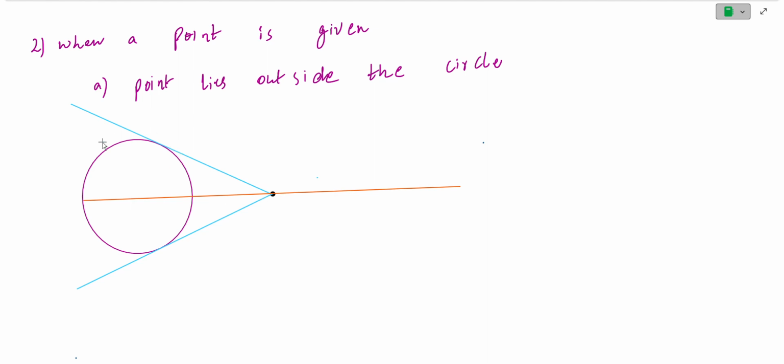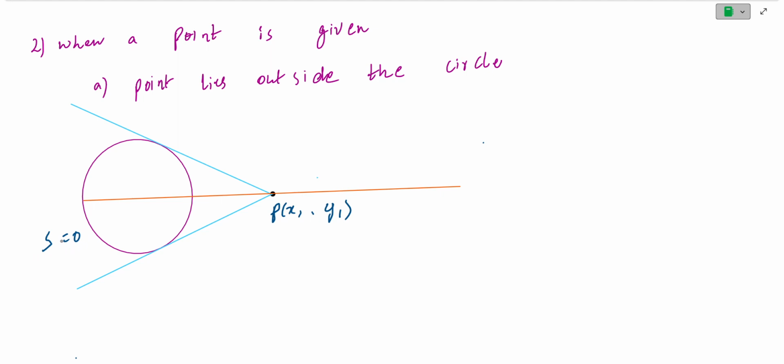Whenever the circle equation and point are given, let me assume that the equation of the circle is S = 0 and the given point is (x1, y1).